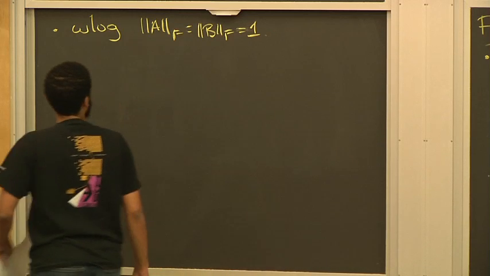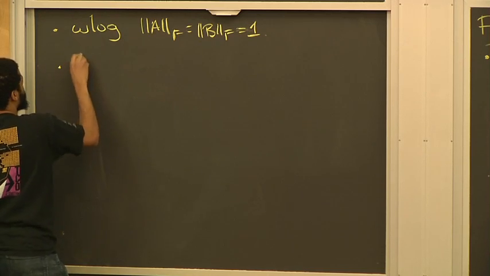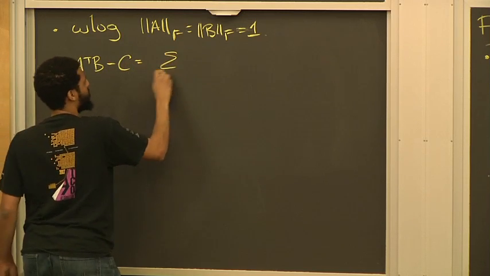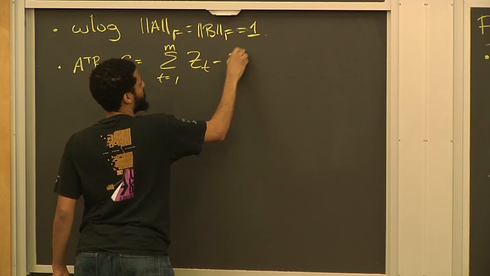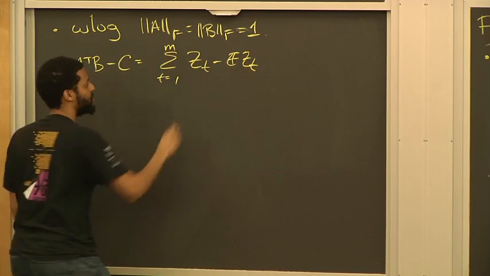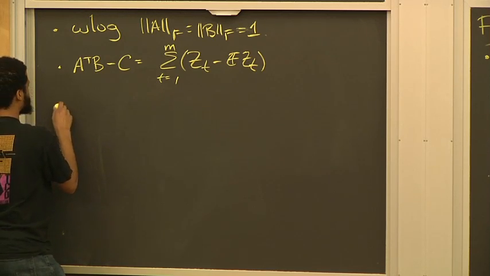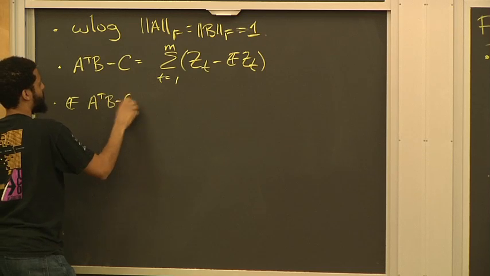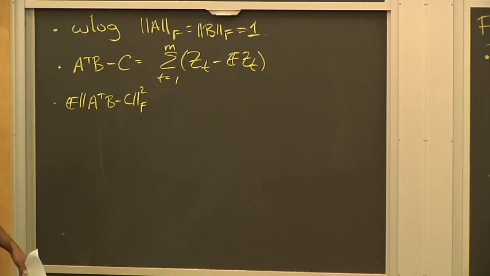So we can write A transpose B minus C as a sum over t from 1 to m of Zt minus expectation of Zt. This implies the expectation of the Frobenius norm squared of A transpose B minus C. The Frobenius norm squared is the sum over all ij of the entry squared.